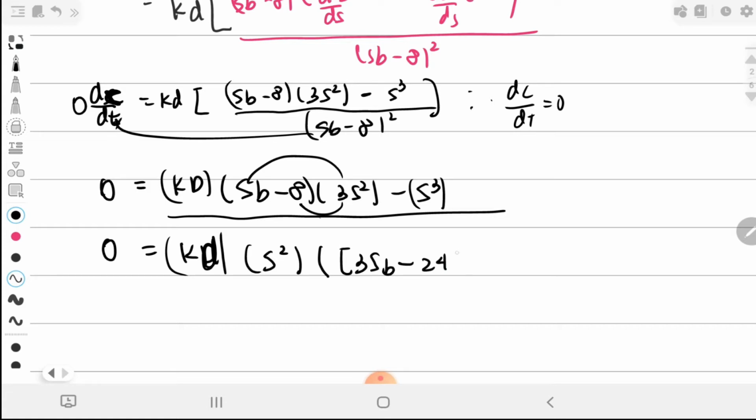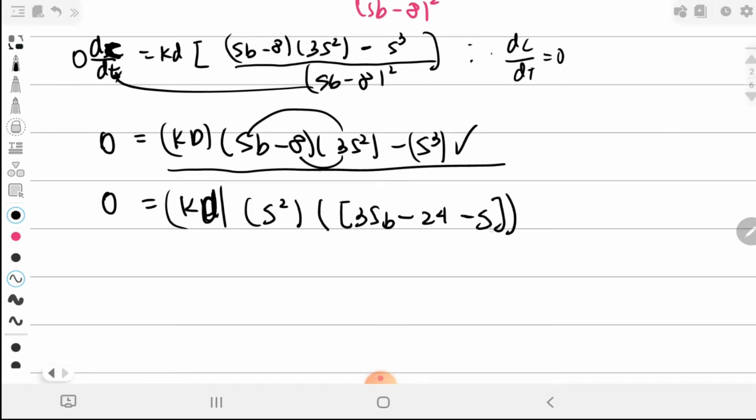Less, what remains here is S. SB. So of course this is 0 already, so I can divide out these two.